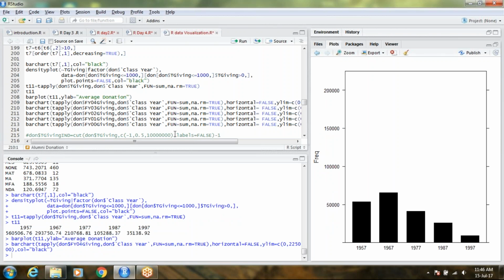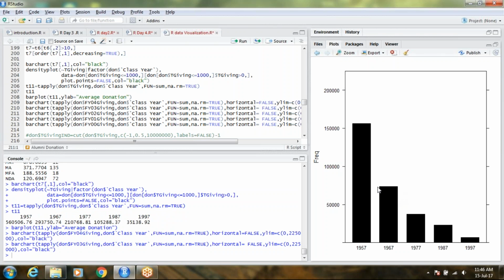So this is for the fourth time, or the FY04. So this has been the distribution. So 57 is still good, but 67 has provided more. Then do it for the next.